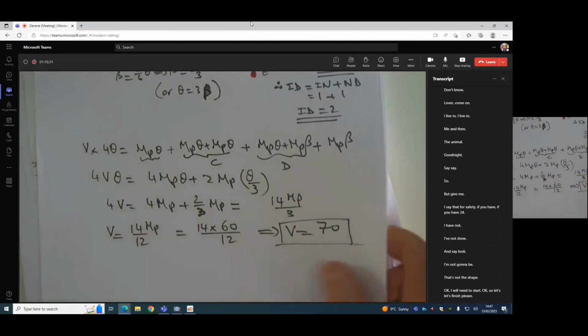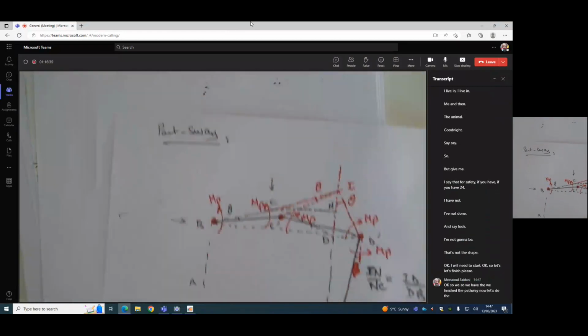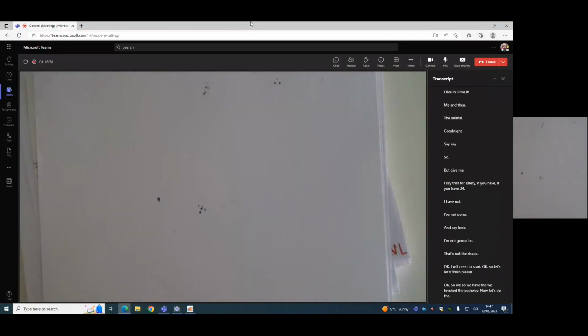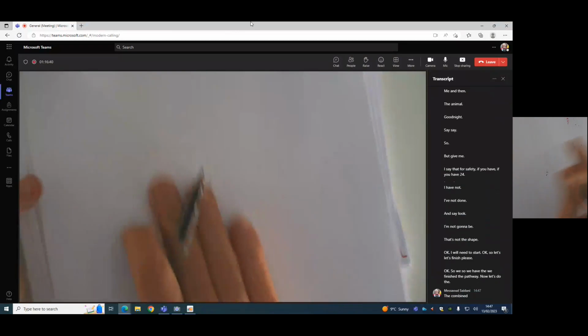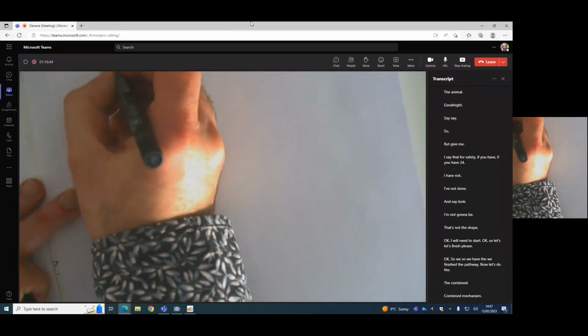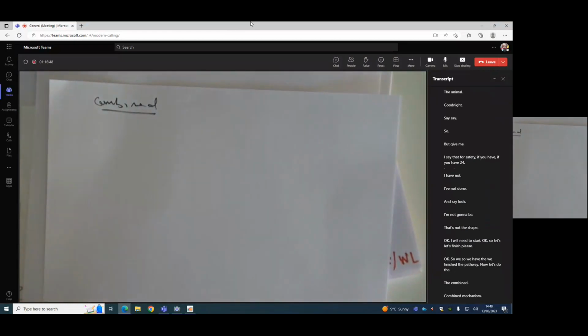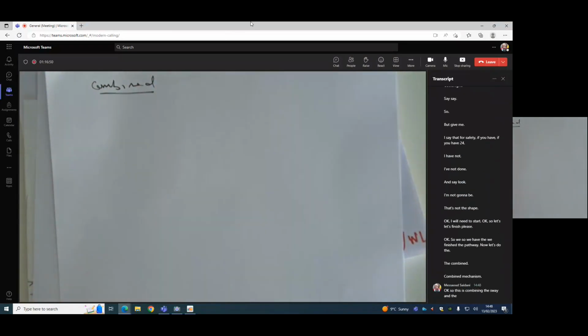Okay, so we have finished the pathway. Now let's do the combined mechanism. Okay, so this is combining the sway and the pathway.